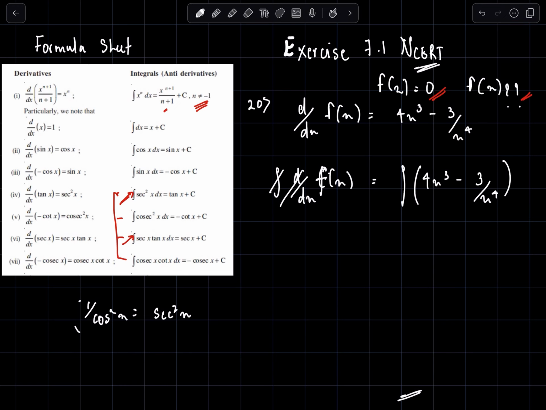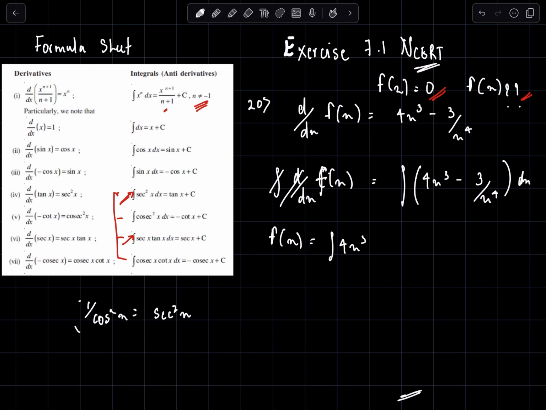And so this thing cancels, so I'm left with f of x. So f of x is basically the integral value. Let's integrate. So f of x is equal to what?